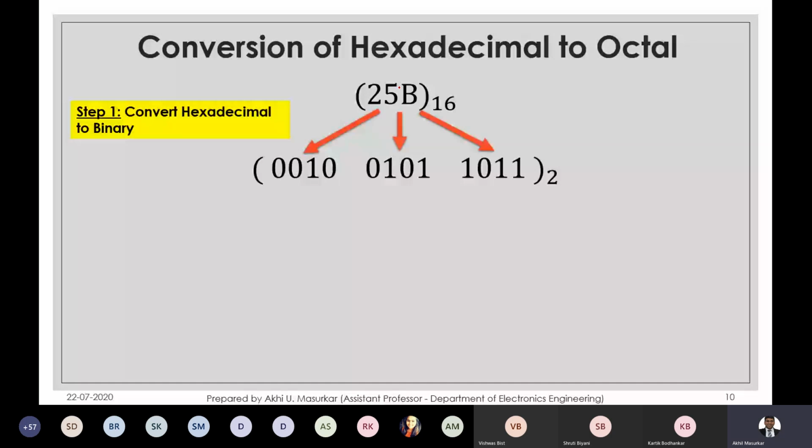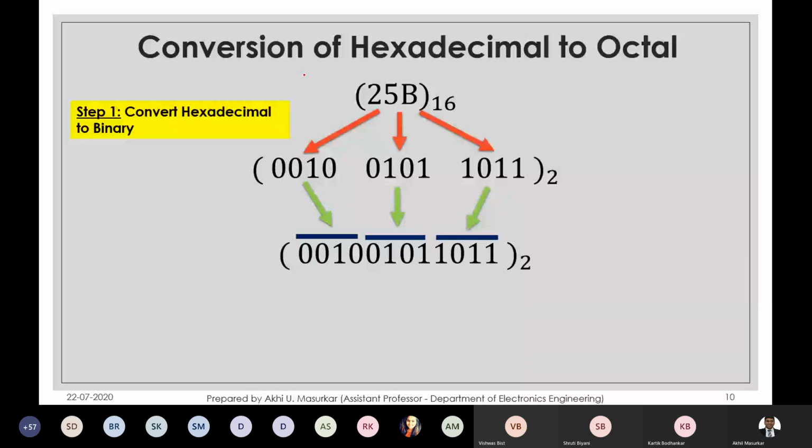This is the binary of 25B. I am removing the spaces, and now we are going from hexadecimal to octal. So we are going from 4 to 3. So we have to now do grouping of 3. So this is the grouping of 3.